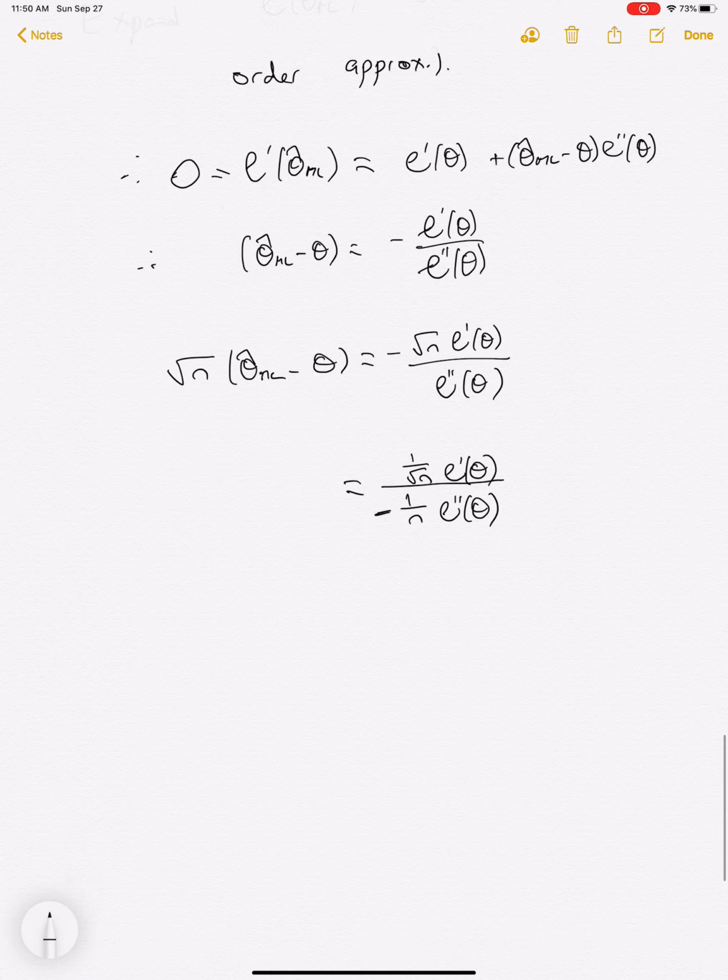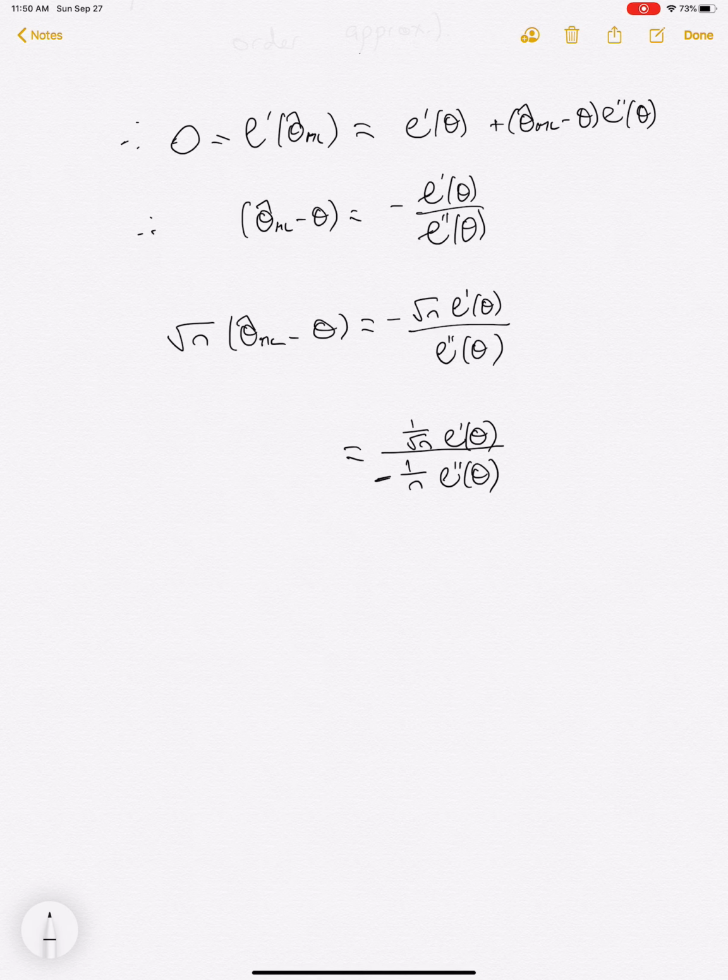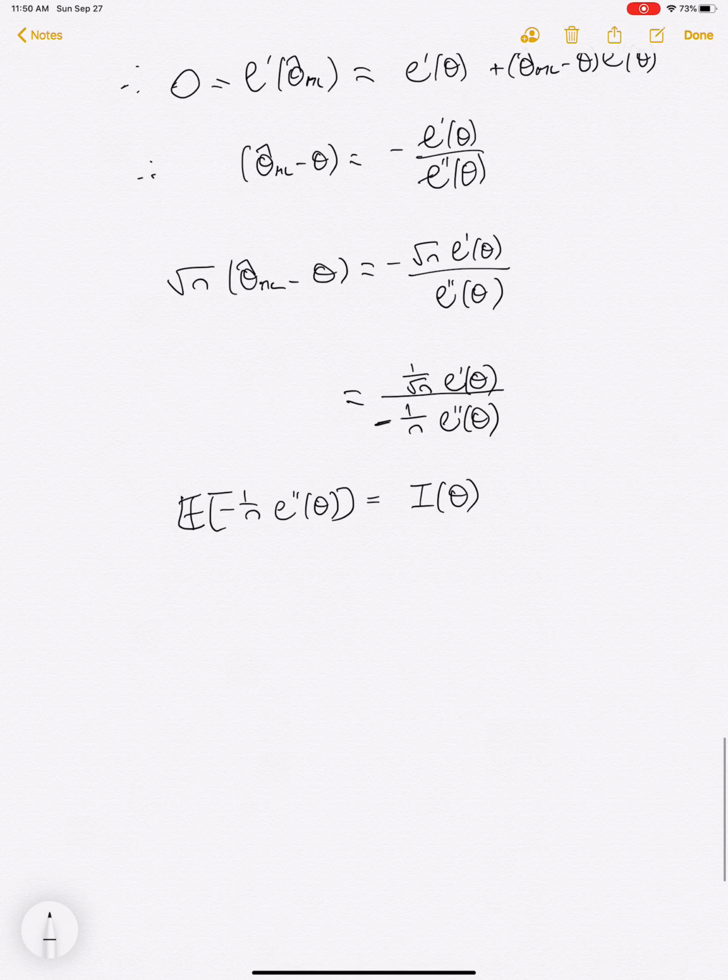So now we know that the expectation of 1 over n, L double prime of theta, or the negative of that, is just equal to the Fisher information. That's kind of the definition. So we know that negative 1 over n L double prime of theta converges to I of theta. This is by the law of large numbers.